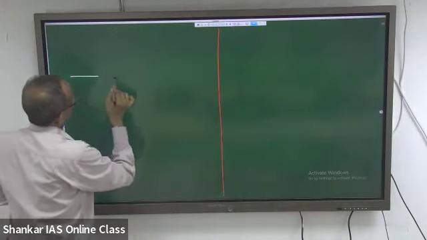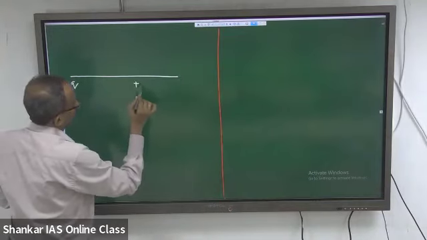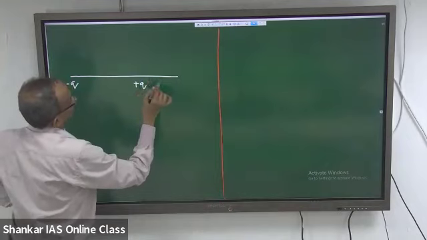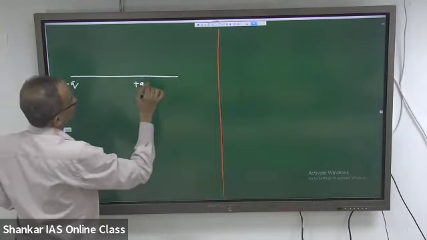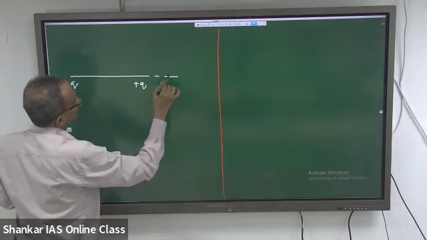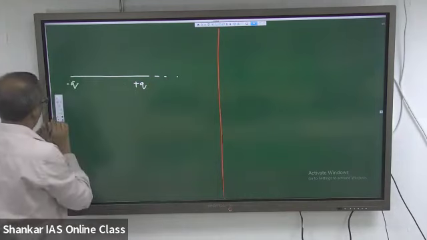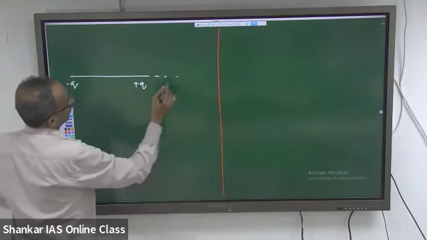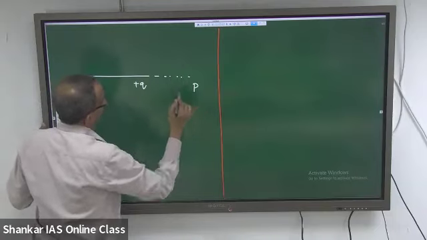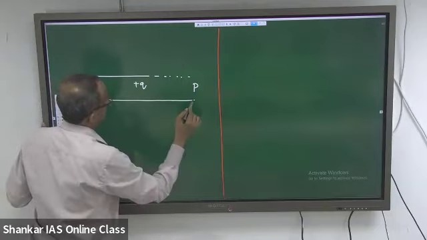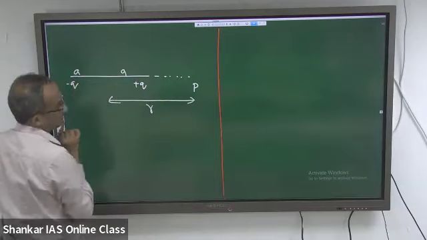Here we are having the point P. From the center, the distance is R. This is A, this is A.